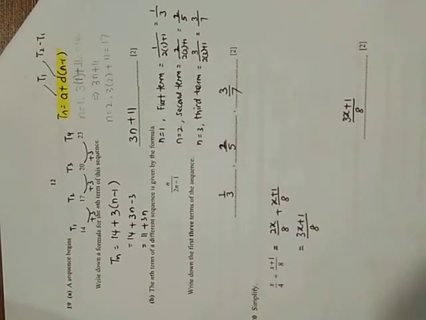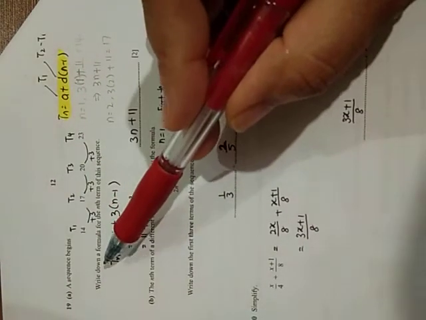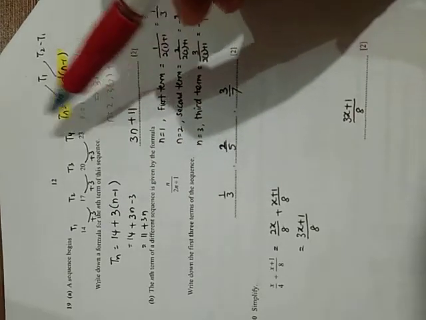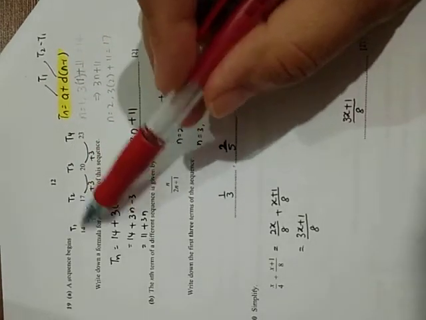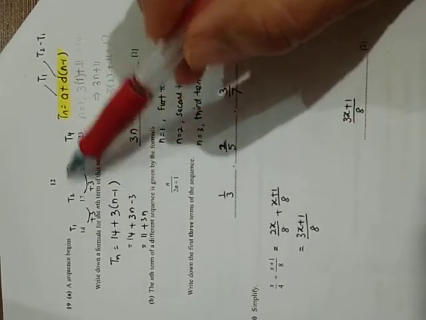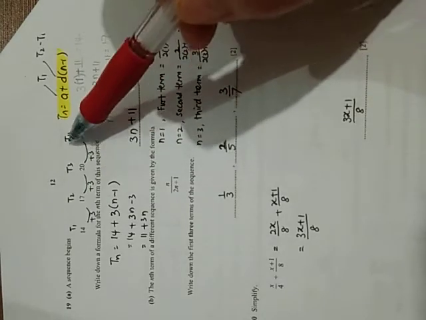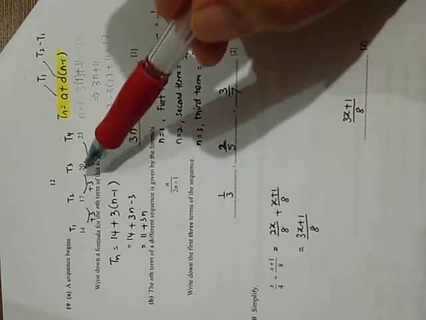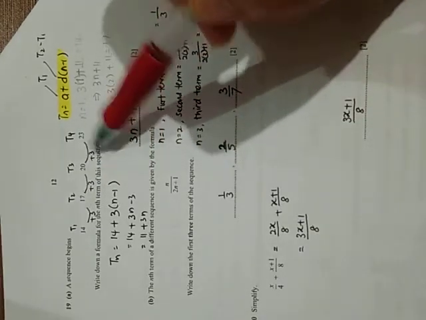Now, question 19, sorry. We are told 14, 17, 20, 23. So I let this be my term 1, my second term, my third term, and my fourth term. Each term, we notice, increases by 3 units.